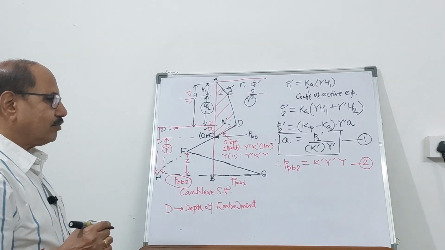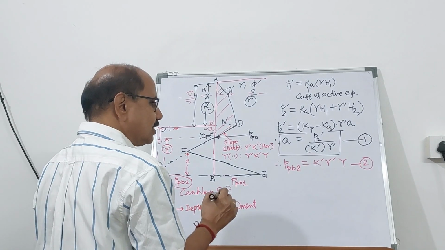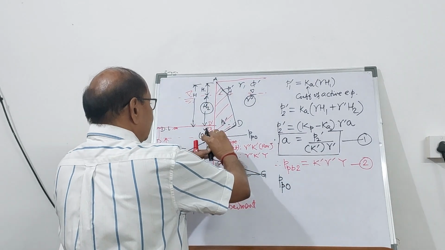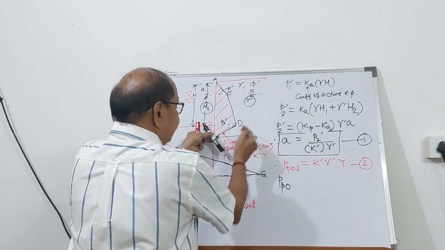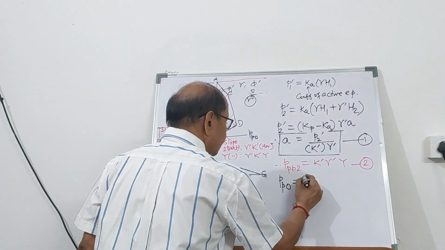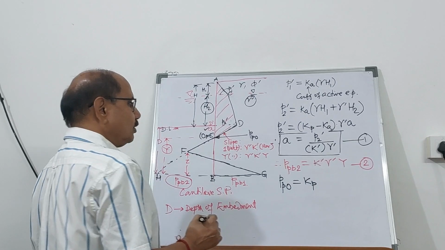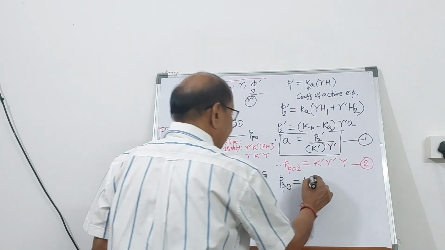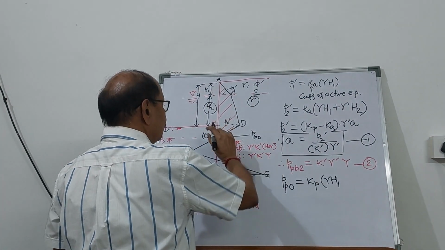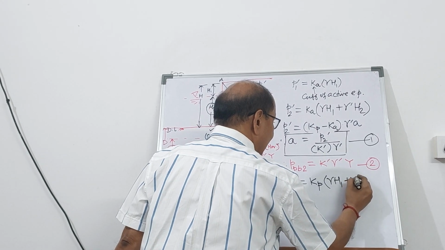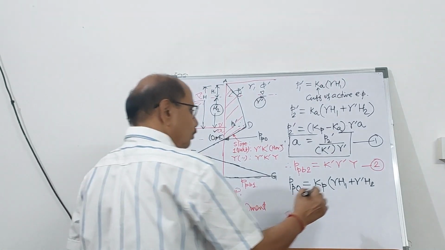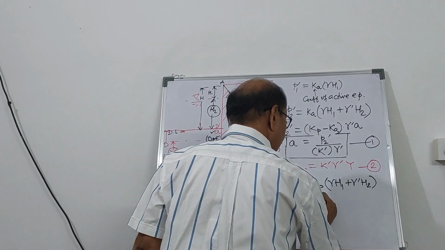So how will you calculate this? It is again quite simple. Because it is going to deflect like this, the backfill is being compressed. So PPO will be Kp, the coefficient of passive earth pressure, multiplied by gamma into H1, that is gamma into H1 plus gamma prime into H2, plus.